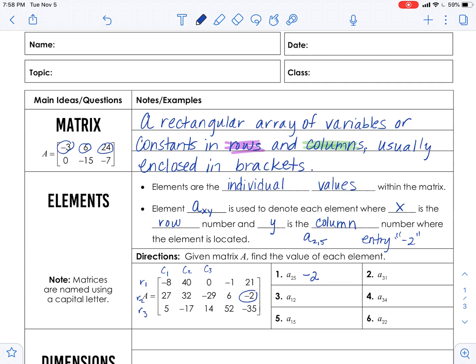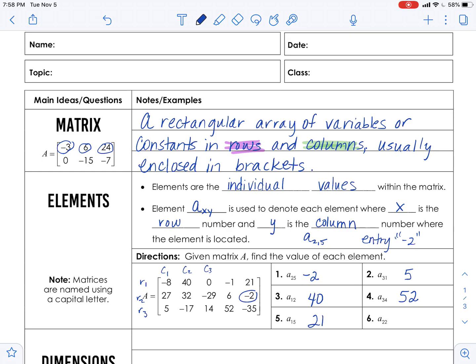Okay, so 3,1. So 3,1 would be the number 5. So look up and find 1,2. And you should have said 40. Try 3,4. 52. 1,5. 21.